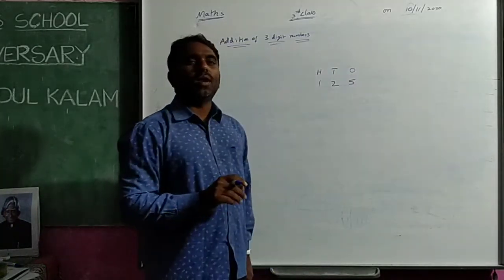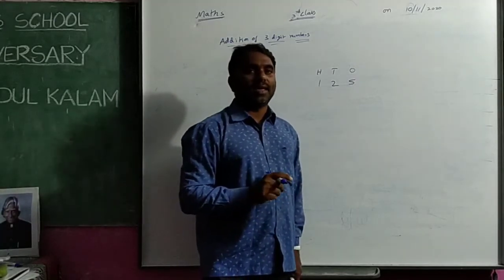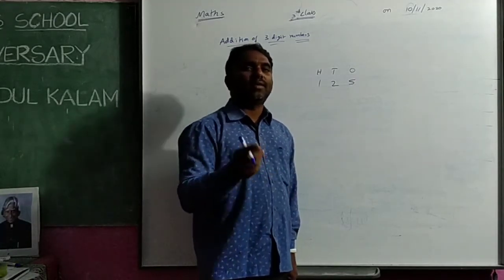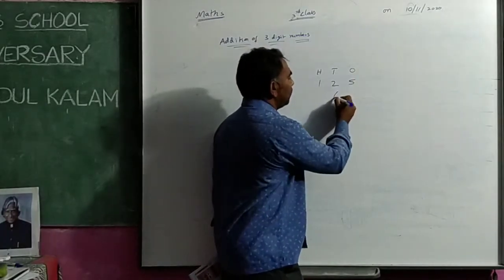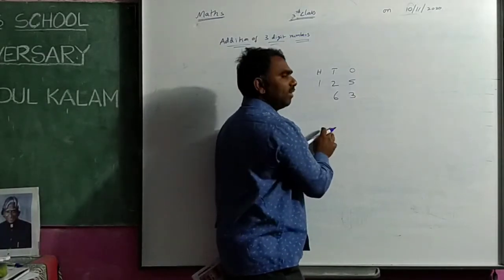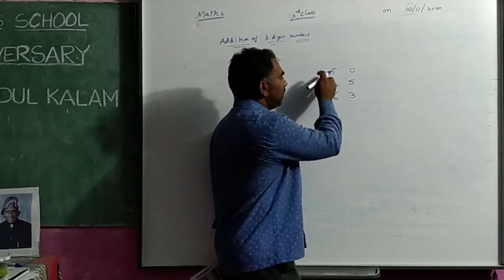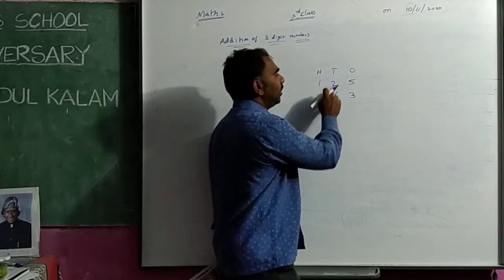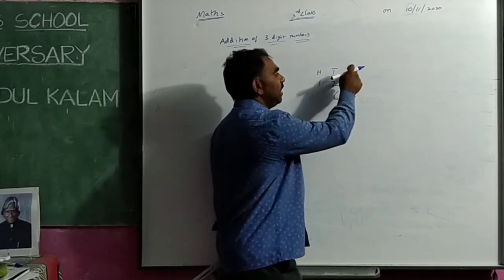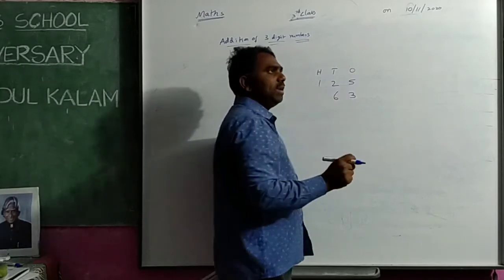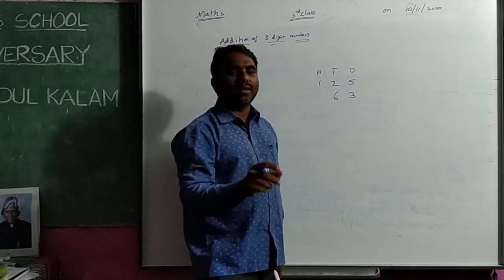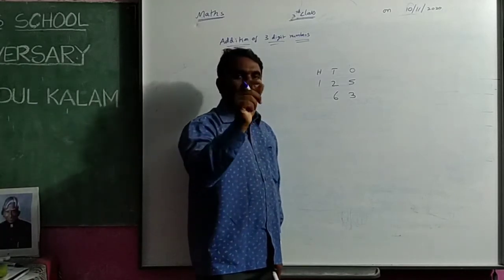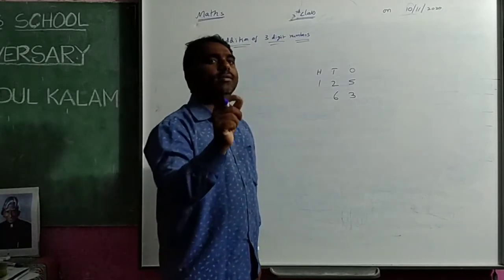The next number is 63. 63 means 6 tens, 3 ones. If you write like that, it will become 6 hundreds. That's why I should not write there. 63 means 6 tens, 3 ones. So under tens 6, under ones 3.